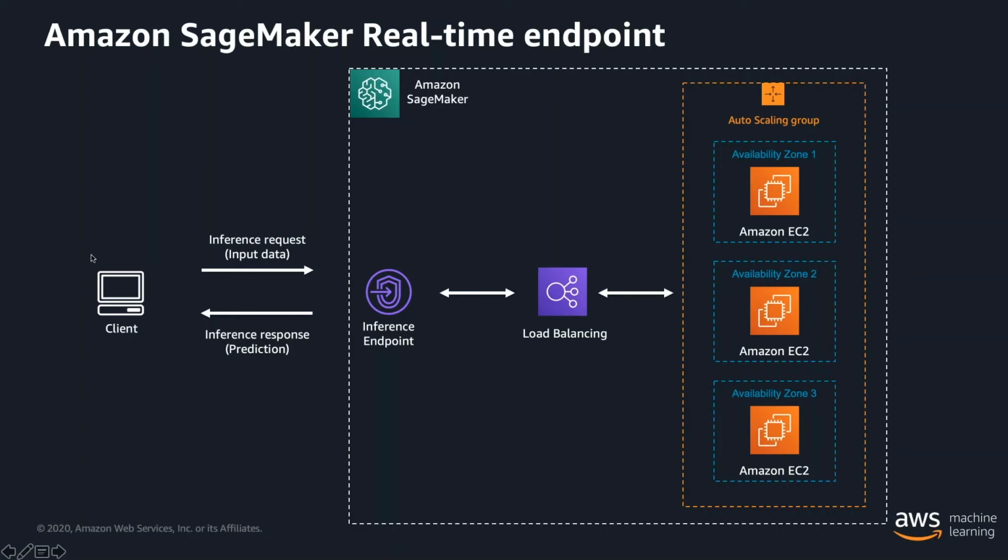And you have your clients, so customers, that can send their inference requests, so the input data, basically the 20 columns with the person features, so the age, the marital status, and so on, and the inference endpoint will answer with a prediction, yes or no, this person will accept a marketing offer. So this is the real-time endpoint.